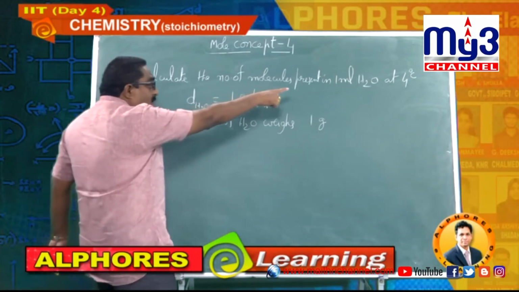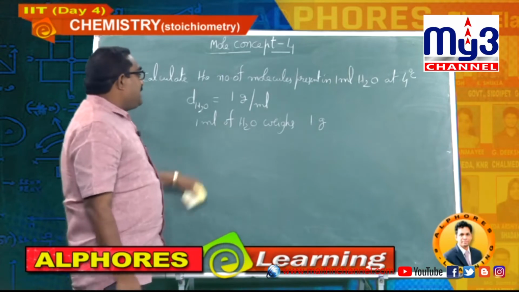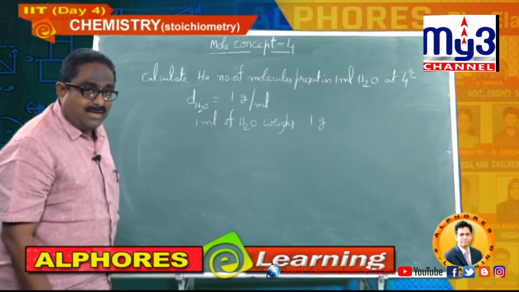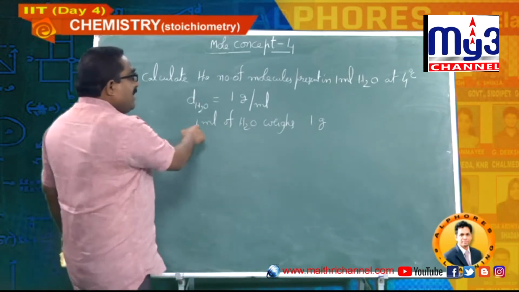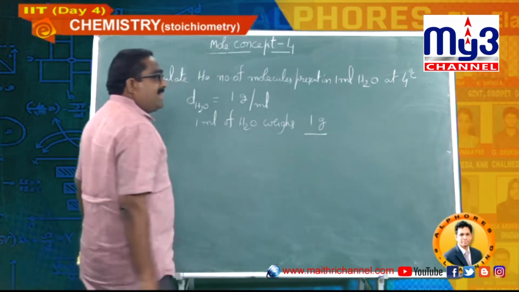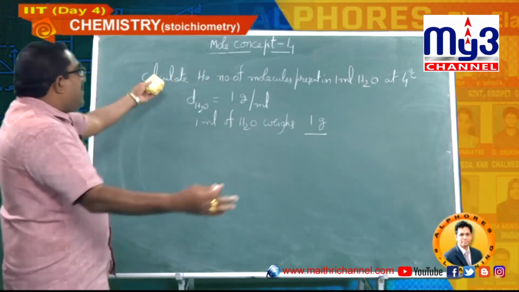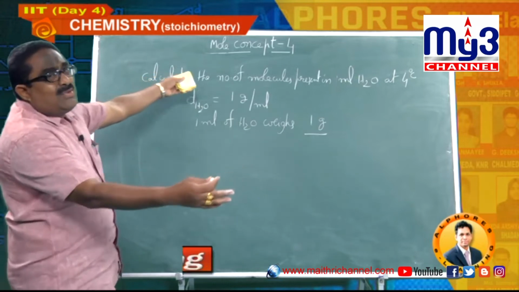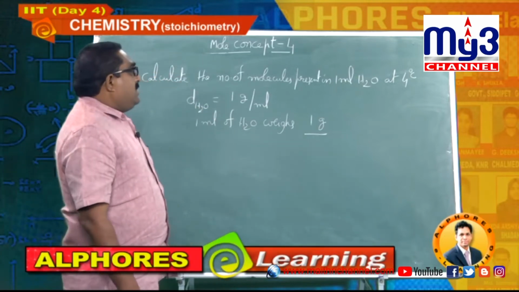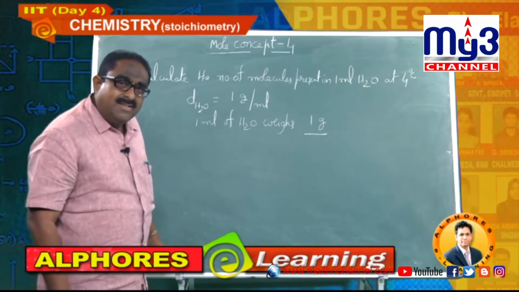He is asking now about 1 ml of H2O. He is asking you to calculate the number of water molecules present in that. So 1 ml of H2O means 1 gram. Meanwhile, he is asking for molecules, so you can go for the GMW concept.